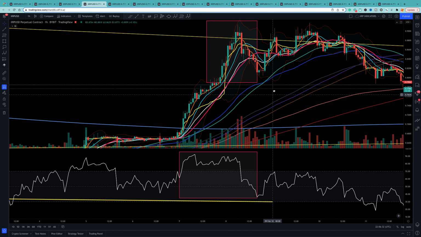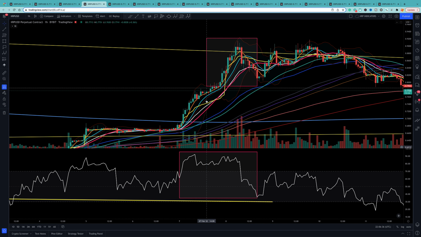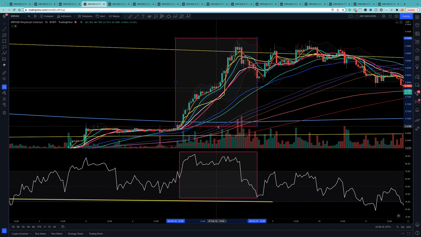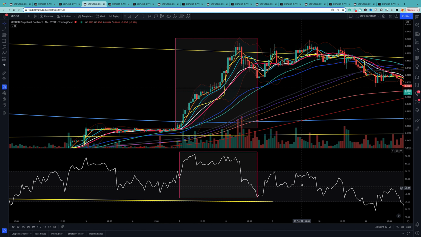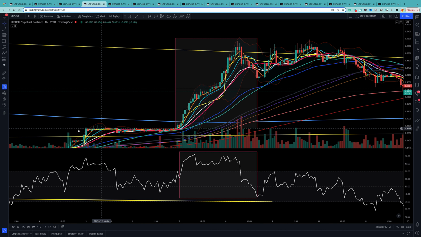One of the challenges with doing the RSIs like this is how far back do you go? Because the RSIs reset themselves. What I mean by that is you see the space that the RSI moves in, where here's the overbought, here's the oversold, and then it resets itself.